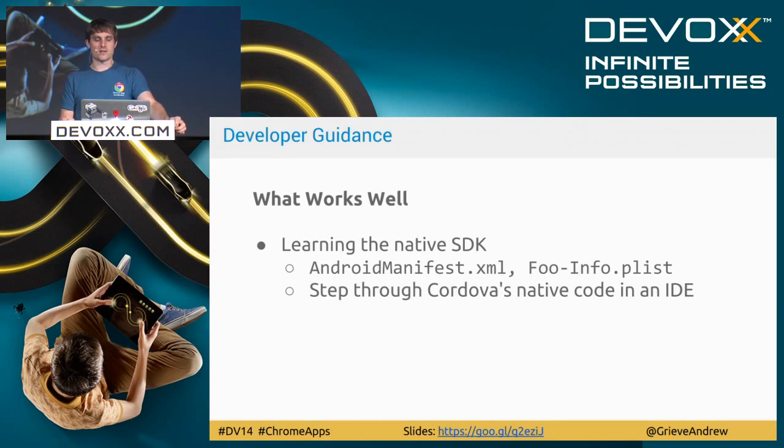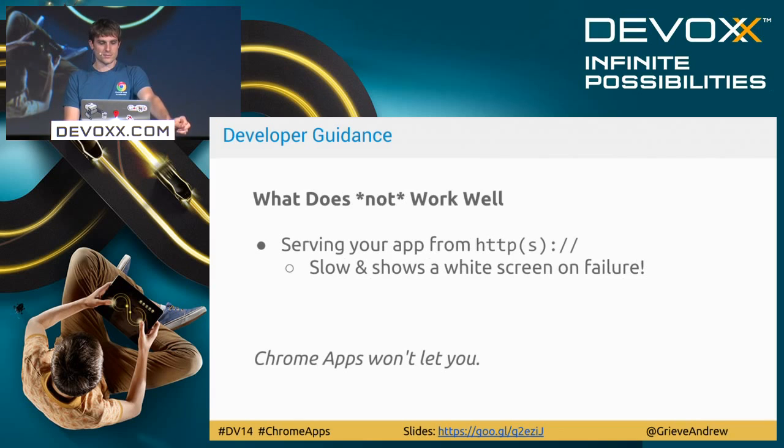Know what an Android manifest is on Android, know what your info plist does on iOS, maybe step through some of Cordova's native code in an IDE. Just get at least a brief understanding of what's going on under the covers. Because in the end, these are native applications on the platform, and you're ultimately responsible for what they do.